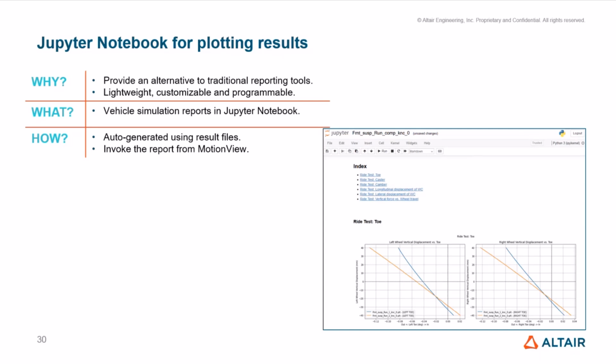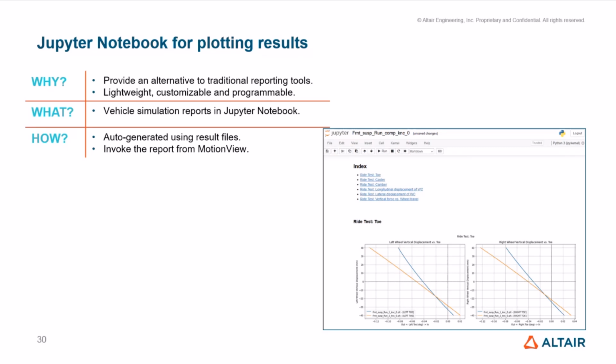In our case, we are using this as an alternative for plotting reports. The basic idea is that there has always been a vision to let multi-body users see the reports and animations without having to switch to different clients. It's not that we are discontinuing Hyperview and Hypergraph reports.